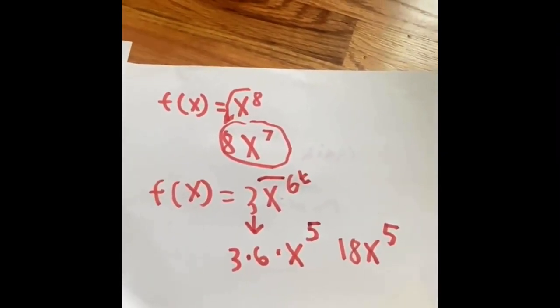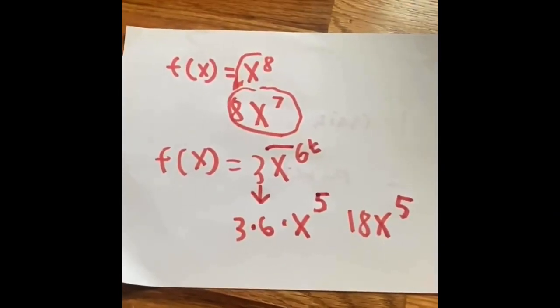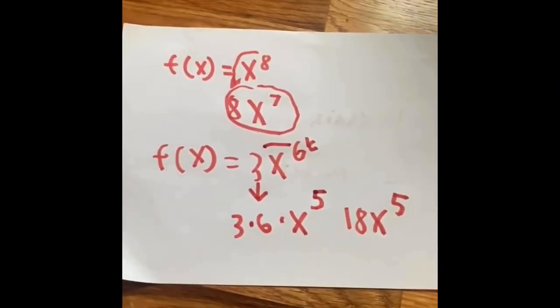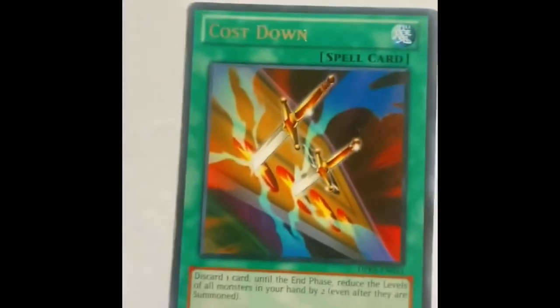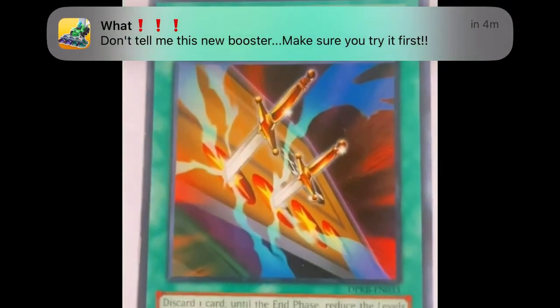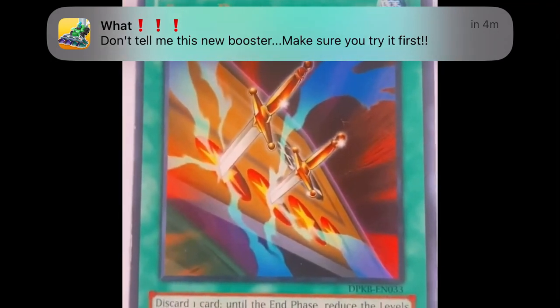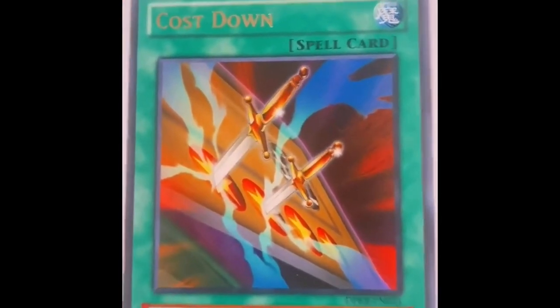Hang on, this reminds me of something. If you ever play Yu-Gi-Oh! and you've heard about what a spell card is, then the derivative formula reminds me of this spell card. It's called Cost Down. Discard one card until the end of the phase. Reduce the levels of all monsters in your hand by 2, even if they are summoned.